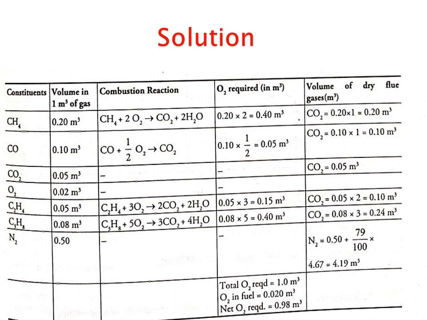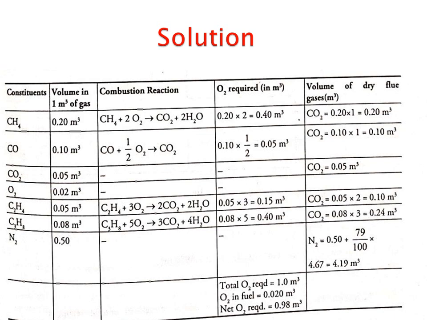So we add all these: 0.20 plus 0.10 plus 0.05 plus 0.10 plus 0.24, and this comes to 0.69 meter cube. So this is the total carbon dioxide which is produced by the combustion of all these constituents.